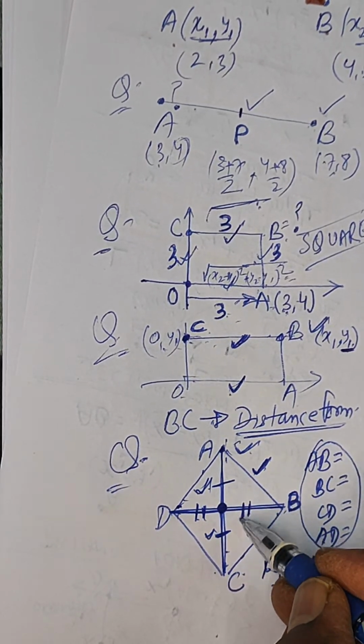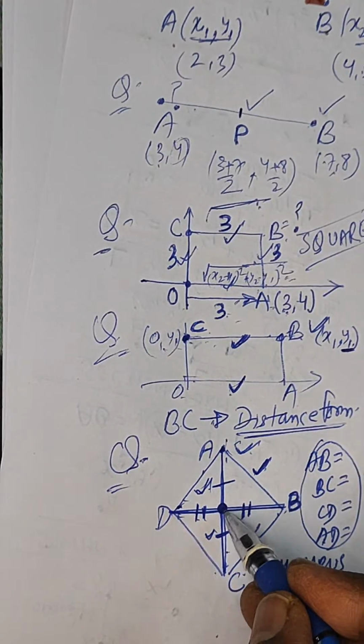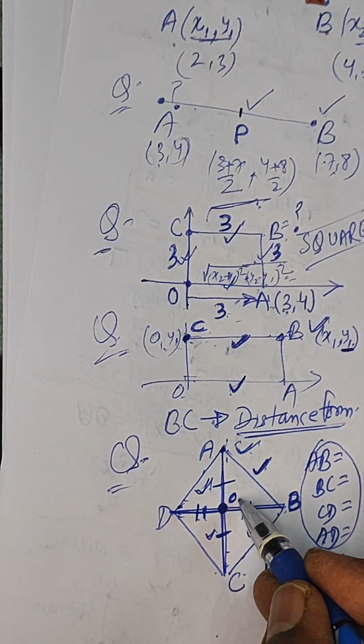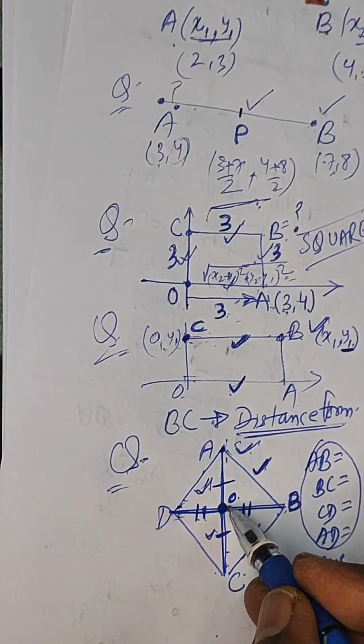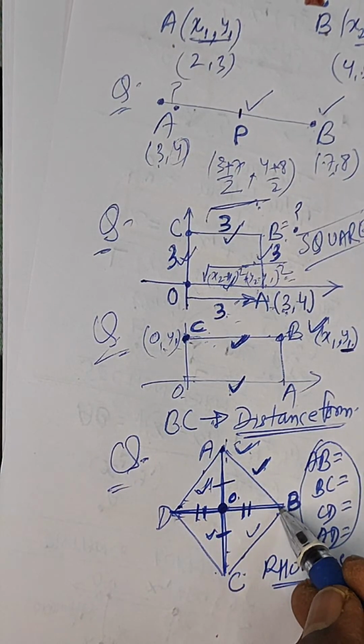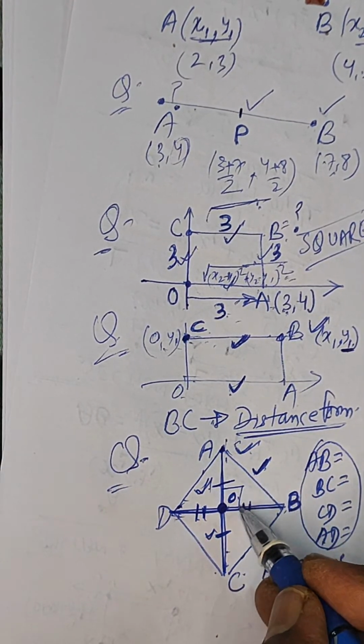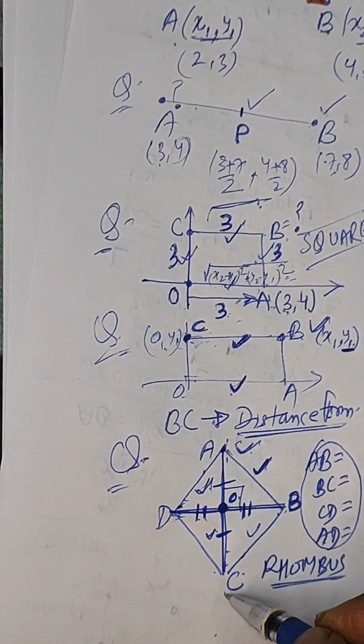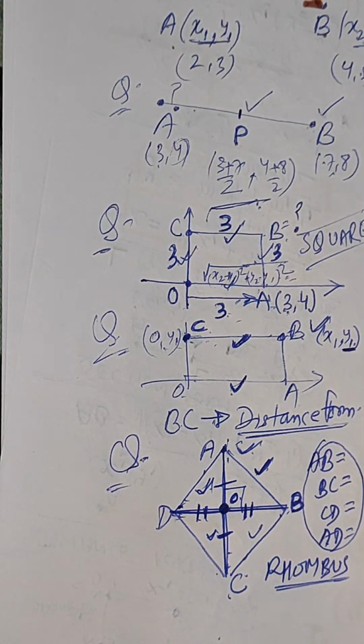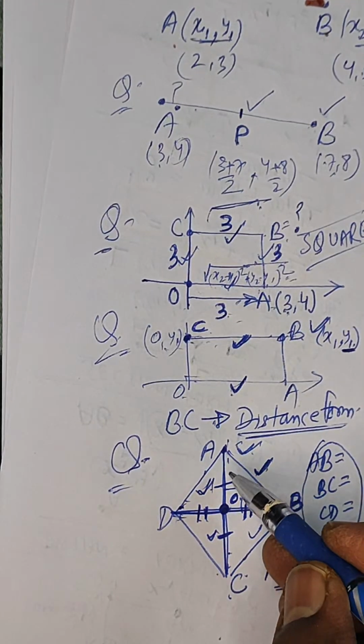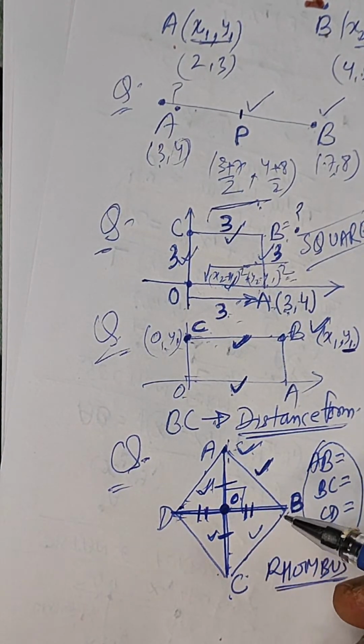I mean to say this BD will be divided into two sections by this point O. So OD will be equal to OB, and this will be 90 degrees, and OA equal to OC, like this, right? So for any of the missing items we can solve it.